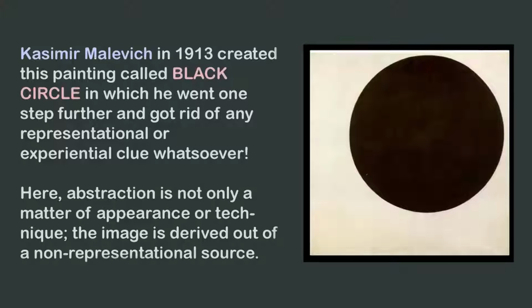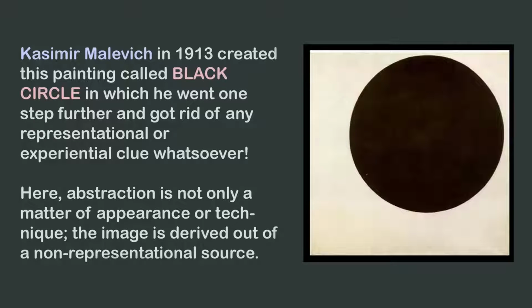Though abstraction itself was not their goal, the Cubists happened to have emerged as the first group of painters to have strongly not only conceptualized but also executed abstract paintings.